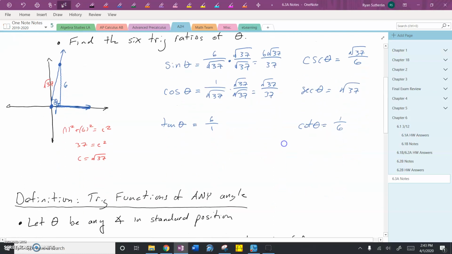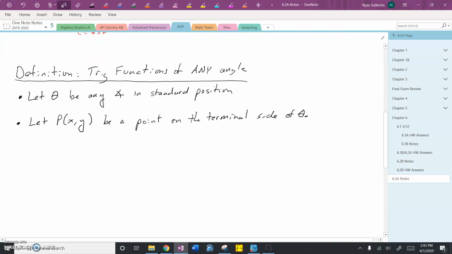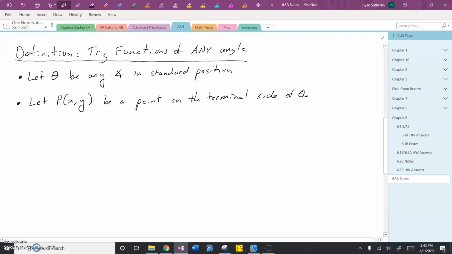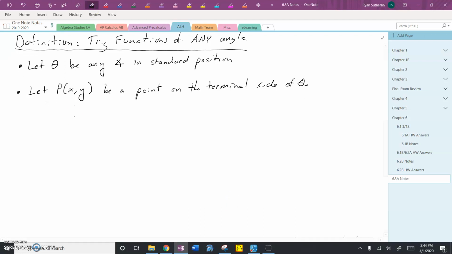Now, if we were to look at any angle, let theta be any angle in standard position. Let P(x, y) be a point on the terminal side of theta. But we're not restricting theta this time to the first quadrant.